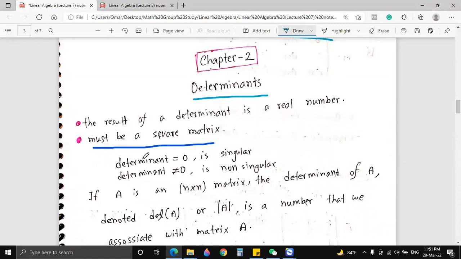And if the determinant is equal to 0, then it is a singular matrix. And if the determinant is not equal to 0, then it is a non-singular matrix.